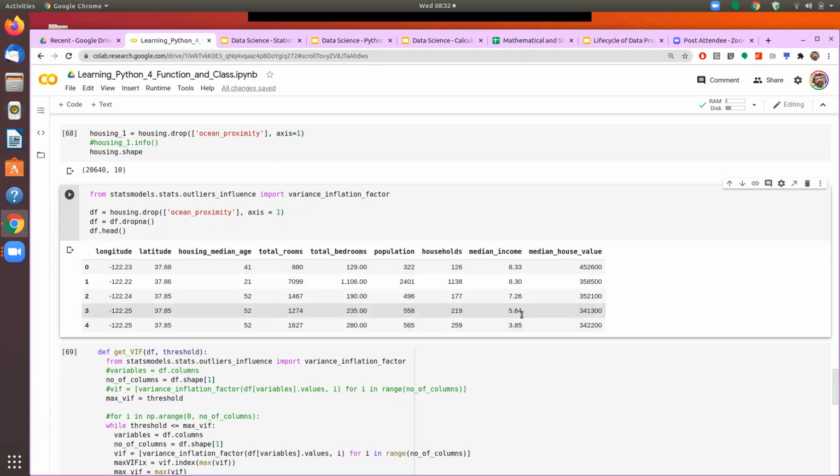Out of this, my prediction variable, or the Y, would be the median house value, isn't it? This is what we are trying to predict.